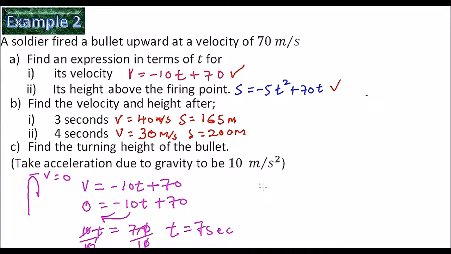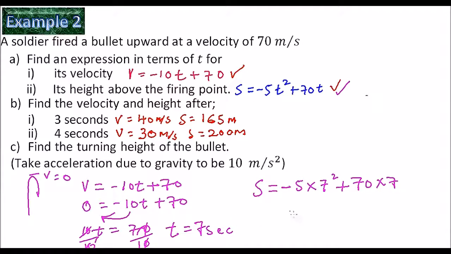So we find S at t is equal to 7. Our S is minus 5 multiplied by 7 squared, plus 70 multiplied by 7.